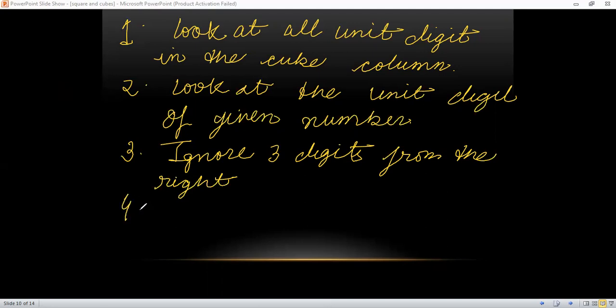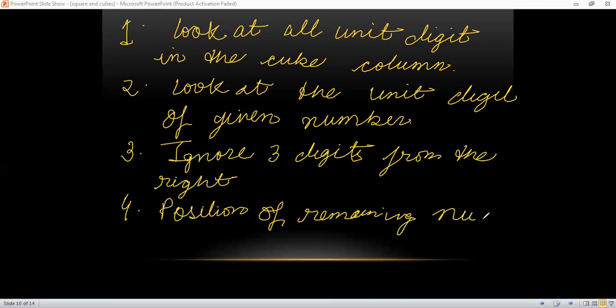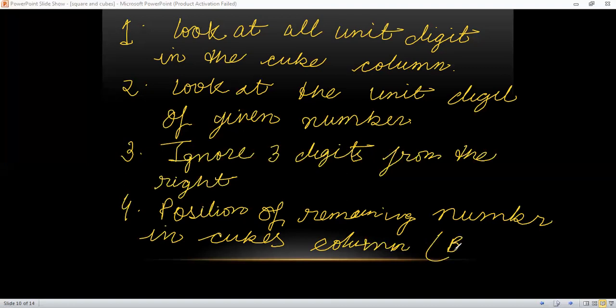And the fourth step, the position of the remaining number in the cube column, between 1 and 2, or between any 2 numbers.